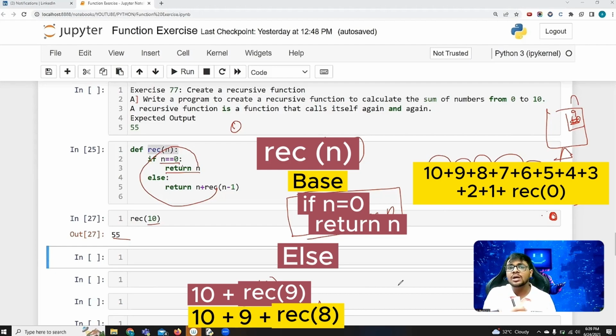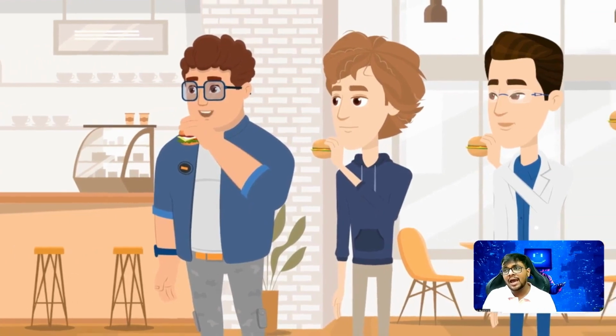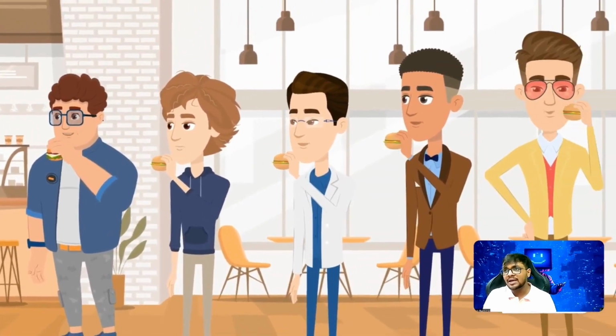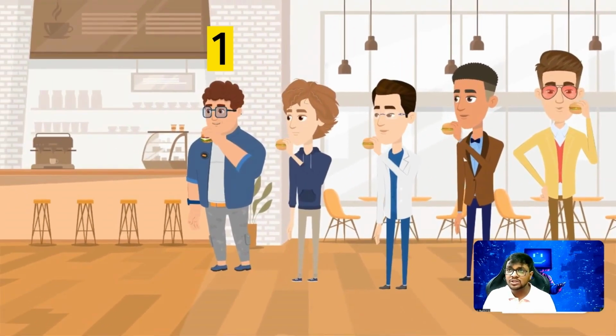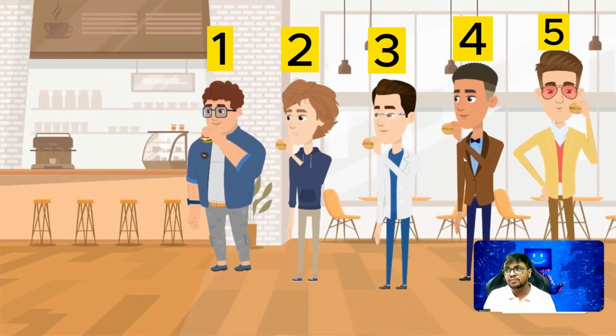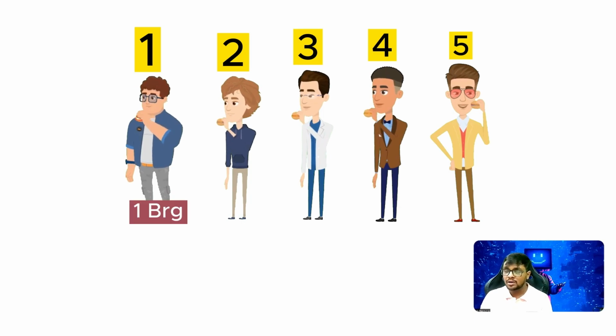I would explain you recursion with a story you will never ever forget. Imagine that there is a line here, and we have all the candidates standing here, and they are standing on a number. So first position, second position, third position, fourth position, fifth position. You need to count what is the value in front of you. So let's say this person gets one burger.